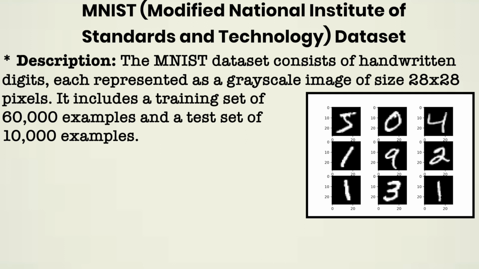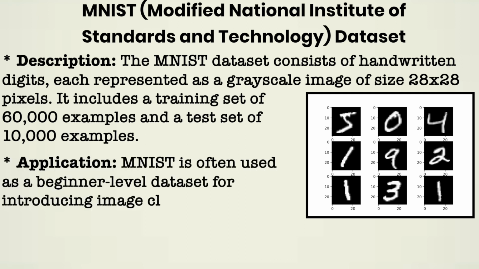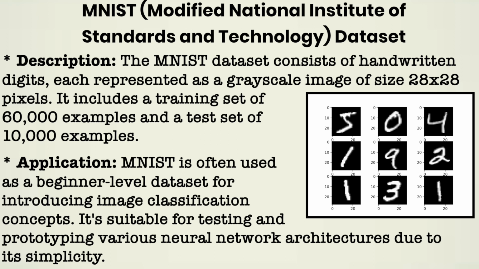It includes a training set of 60,000 examples and a test set of 10,000 examples. Application. It's often used as a beginner level dataset for introducing image classification concepts. It's suitable for testing and prototyping various neural network architectures due to its simplicity.